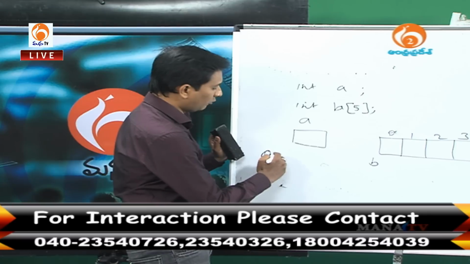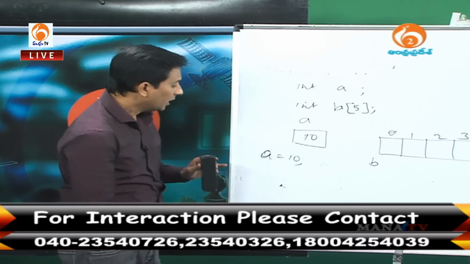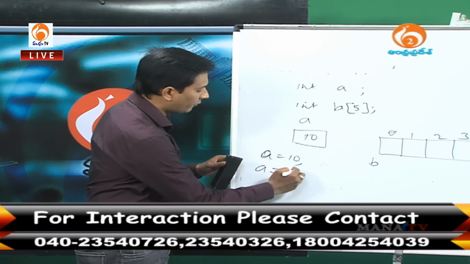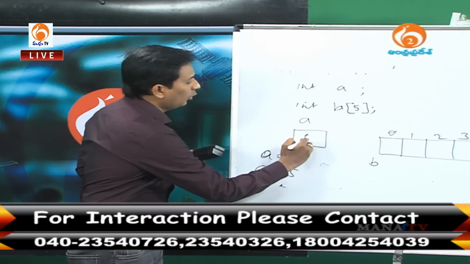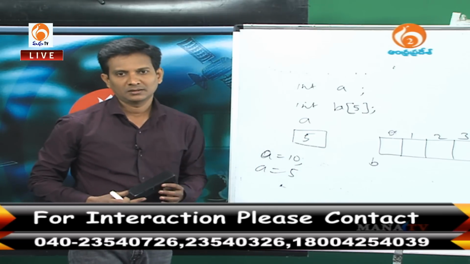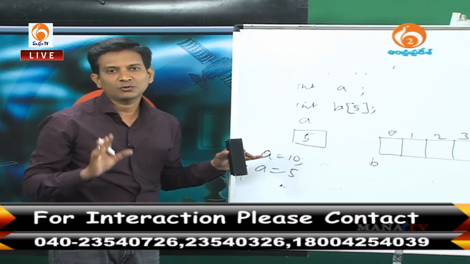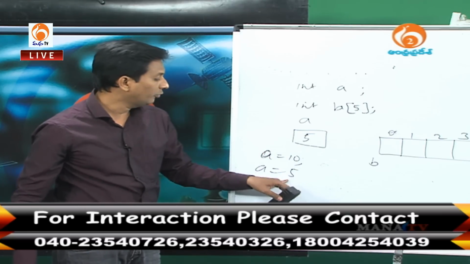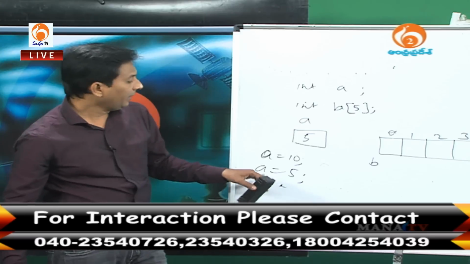For example, A equal to 10, so 10 is stored here. If I want to store another number, 5, the old value is overwritten. I cannot get the old value back because it is lost. Only the new value is stored.